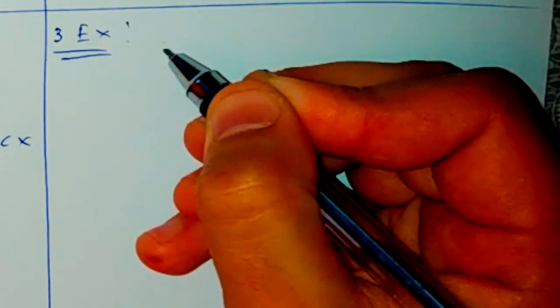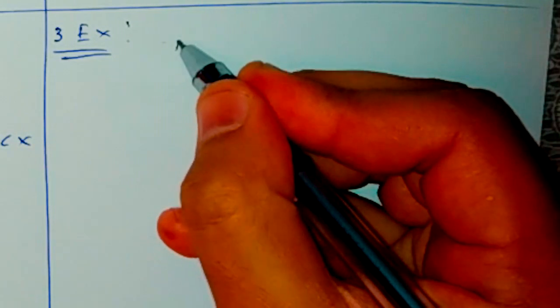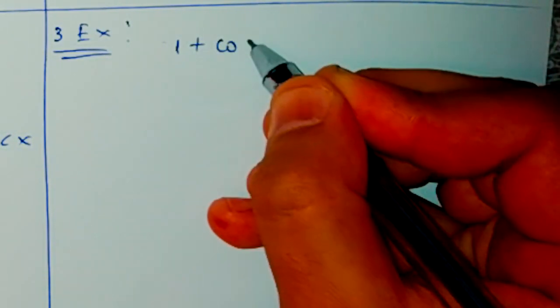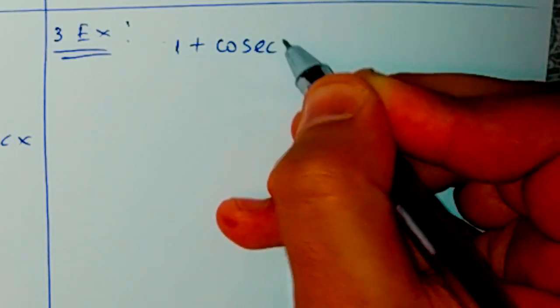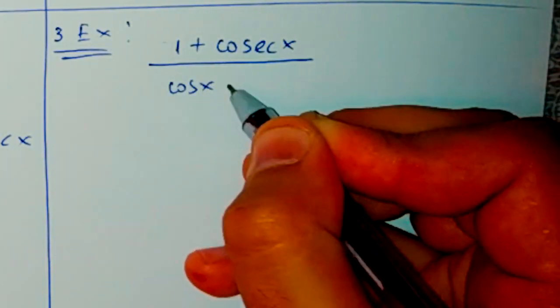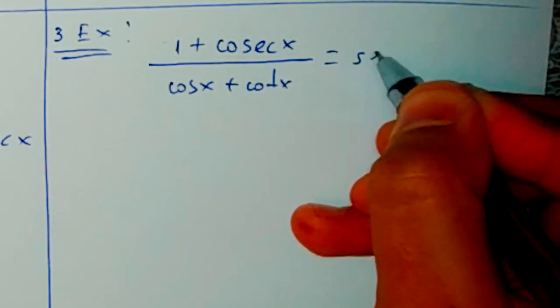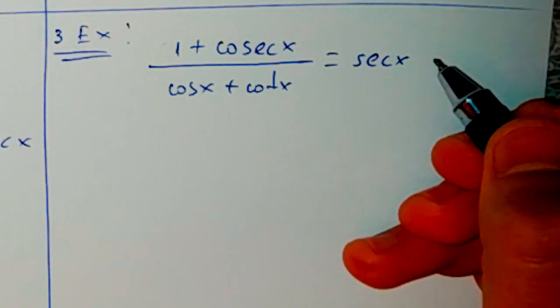The next example is more difficult than this one. Let's verify the next identity. Cosecant x over cosine x plus cotangent x is equal to secant x.